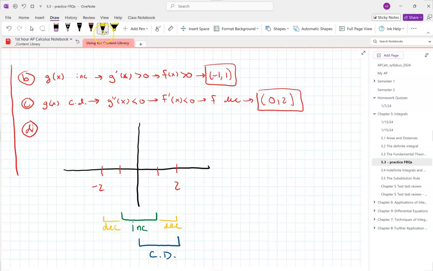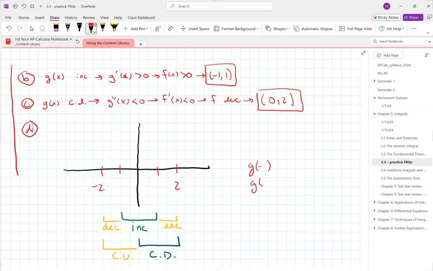And if we're not concave down, we have to be concave up, right? And so I have some idea for the shape. To get the rest of this, I'm going to evaluate some points for g now that I know how the thing is going to bend.